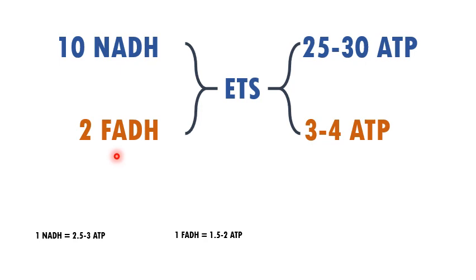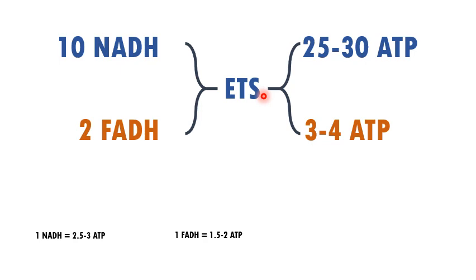Sometimes it's also written as FADH2, but here I have used FADH. So FADH molecules. And where does it occur? Ultimately ATP production occurs in the electron transport system, as I already explained.